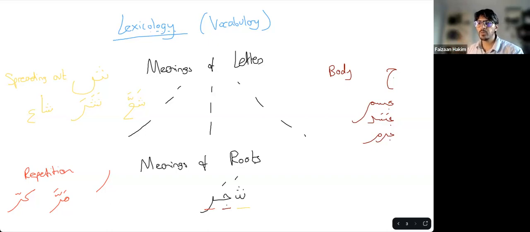Because remember, the Prophet Muhammad, peace be upon him, was unlettered, ummi. I actually don't like the word unlettered because he had the meanings of the letters, he knew these meanings. Ummi comes from the word which means mother, or actually the source of something. The Prophet was ummi because he was still connected to the source.